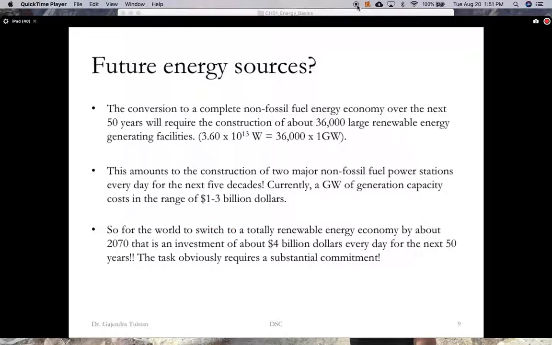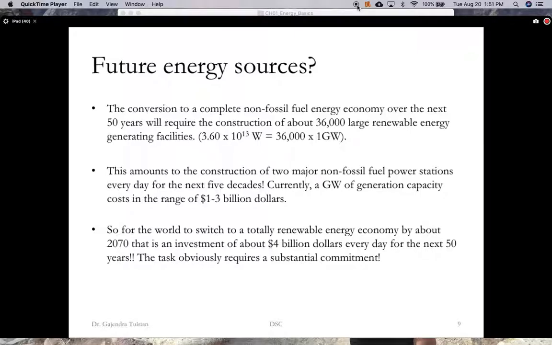So if the world were to switch to a totally renewable economy in 50 years, by 2070, that's an investment of $4 billion every day for the next 50 years. To build 36,000 gigawatts of renewable energy plants, we'll need to invest $4 billion every day for the next 50 years.